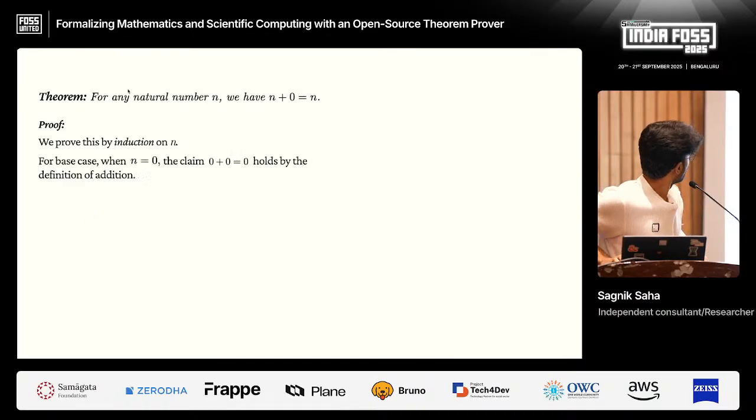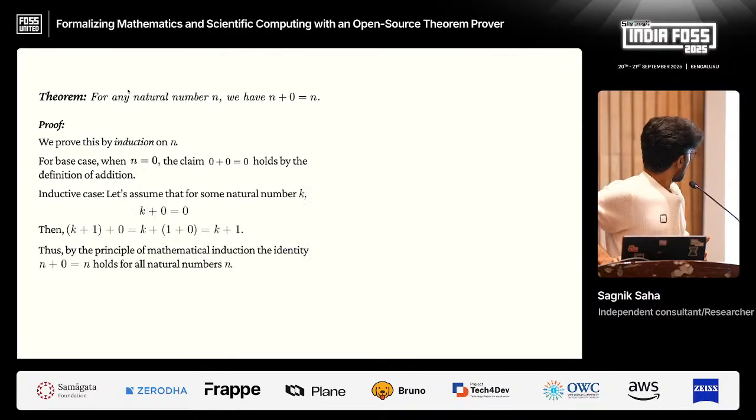For the base case when n equals 0, we have 0 + 0, which holds by definition. For the inductive case, let us take any k where k + 0 is true. Then we can figure out that k + 1 + 0 also gives us k + 1. So it is true for the successor of k. This is how we prove this statement in natural language.